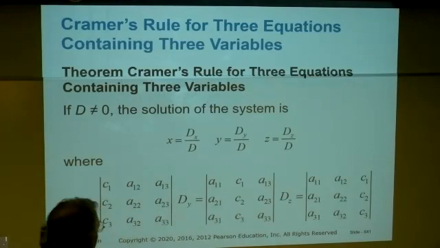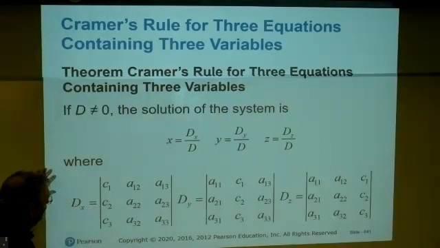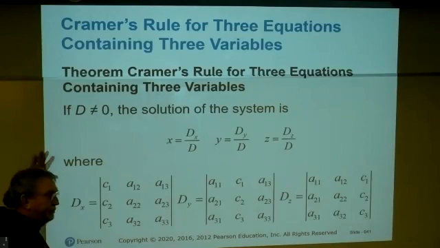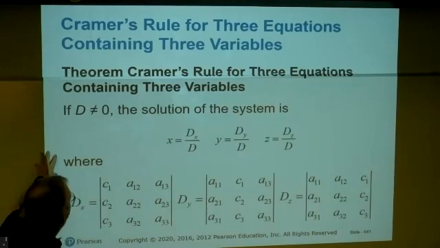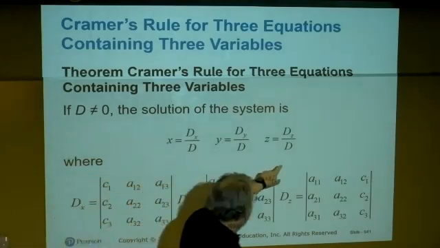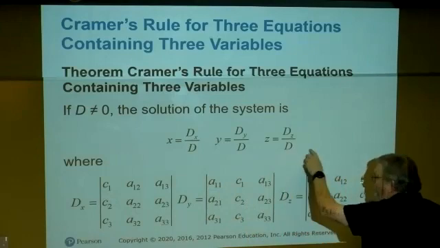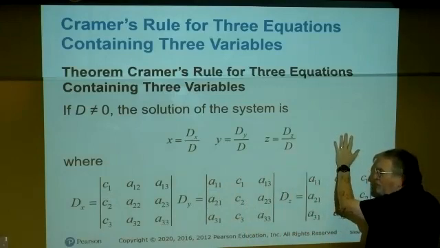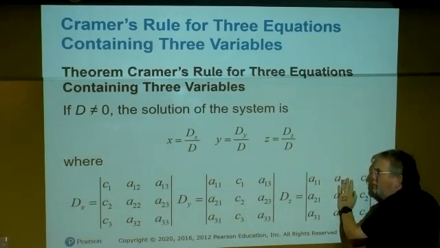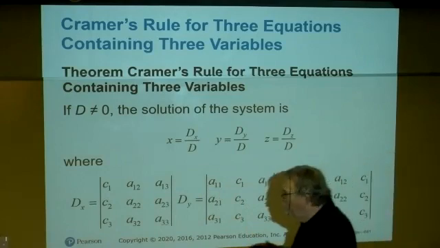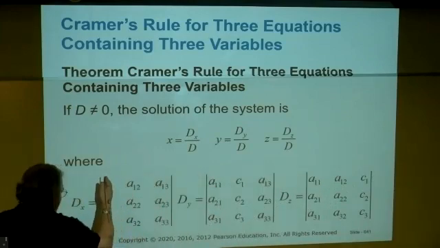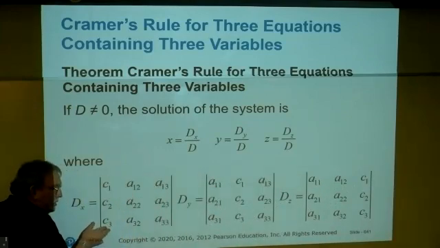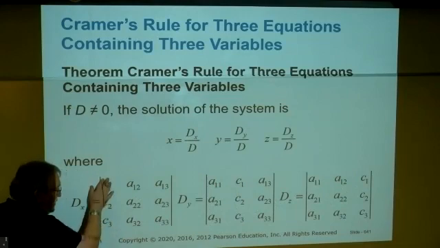Now, Cramer's rule for 3 equations containing 3 variables, 3 unknowns, is the same. Where the D is the determinant of the coefficients, the matrix involving the coefficients, and then D sub X, you're going to replace the column that has the X coefficients with the constants.